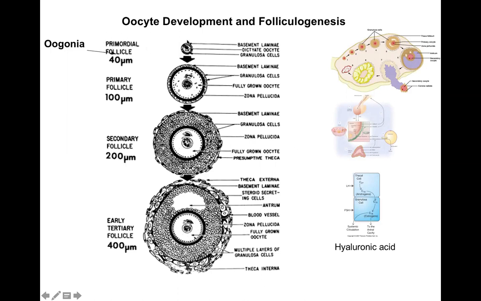This primordial follicle is also diploid, and you can see in here there is an ova or egg, you can say, and it is surrounded by one layer of granulosa cell, one layer, and then there is a basement lamina which separates it from the rest of the interstitial fluid, okay?